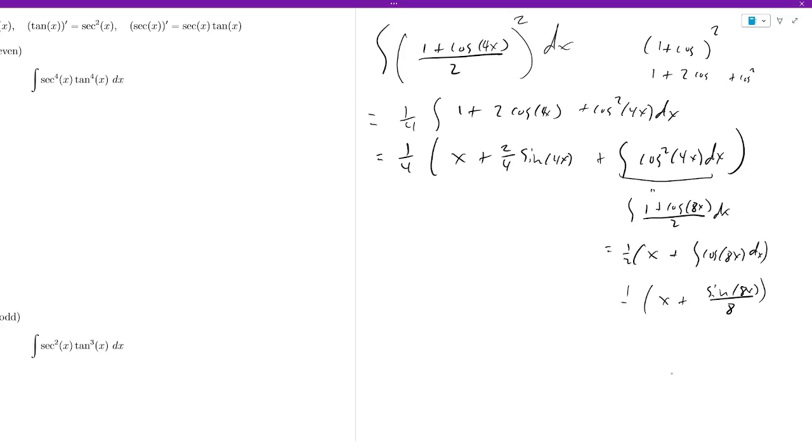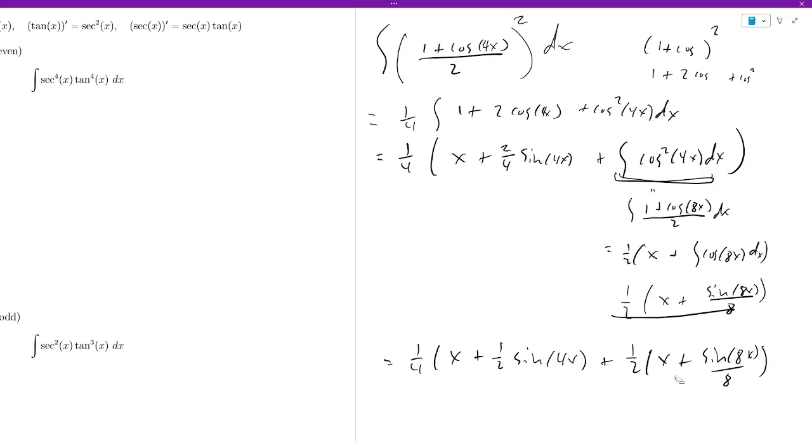So all of that annoying stuff is this integral right here. So maybe let's just write our final answer from this part. So this will be 1/2. I'm simplifying the 2/4. Sine of 4x plus this guy, 1/2 x plus sine 8x over 8.